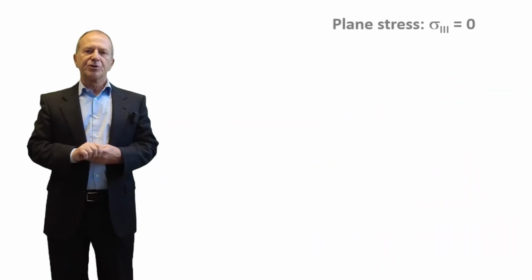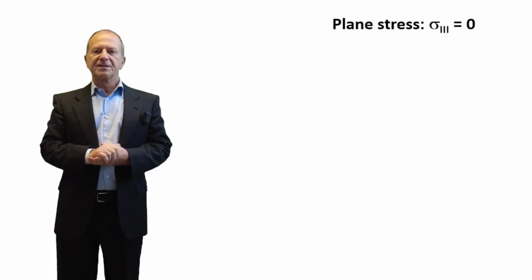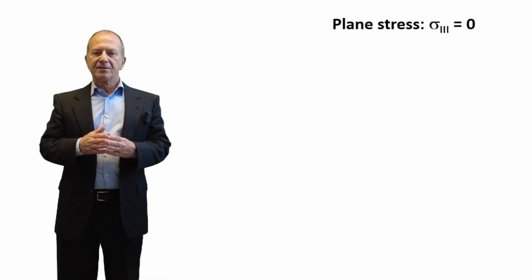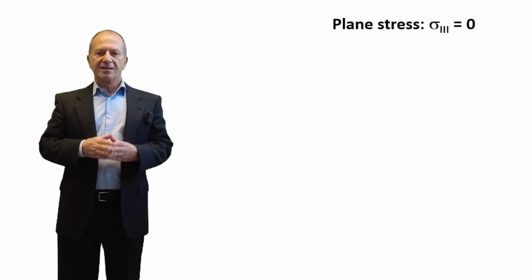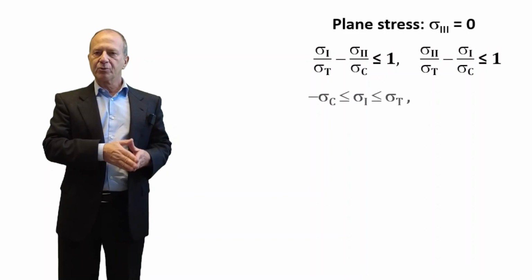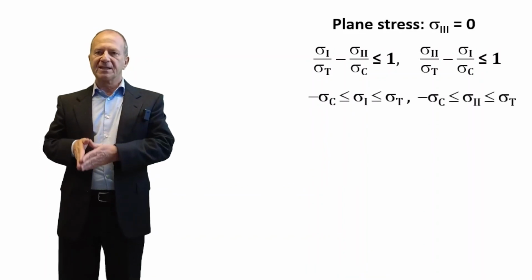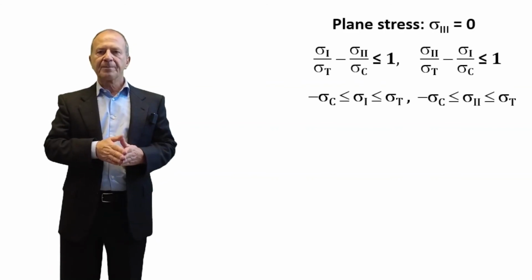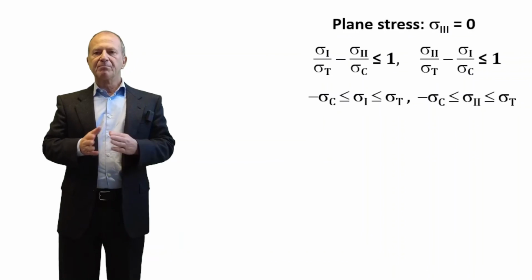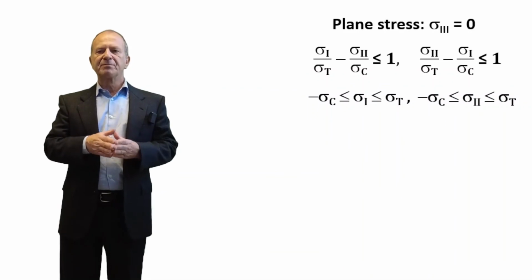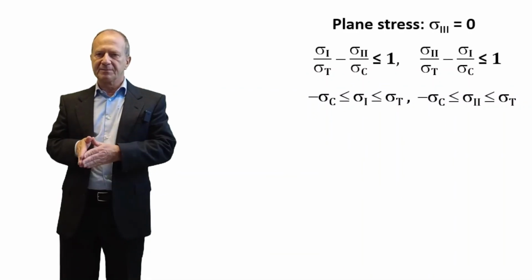If one of the principal stresses is 0, for instance, if sigma 3 is 0, the material is in a state of plane stress. In this case, the 6 inequalities that define Mohr-Coulomb's criterion are sigma 1 divided by sigma t minus sigma 2 divided by sigma c less than or equal to 1, sigma 2 divided by sigma t minus sigma 1 divided by sigma c less than or equal to 1, sigma 1 must be between minus sigma c and sigma t, and similarly sigma 2 must be between minus sigma c and sigma t.